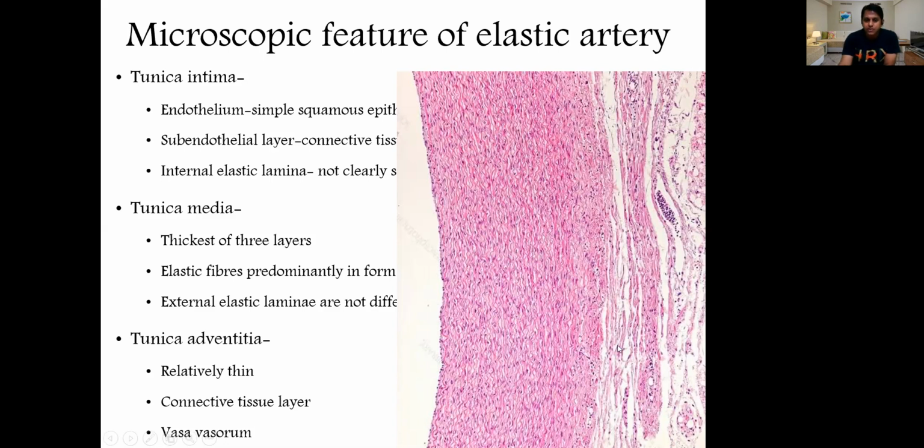The vasa vasorum are the vessels which supply the vessels, and they are present in the tunica adventitia. They supply all the layers of the tunica adventitia and the outer part of tunica media. The remaining part gets its supply via diffusion from the lumen. Okay, so this is all about the elastic artery.